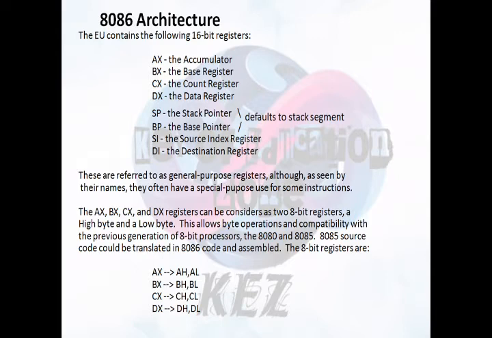These two are very basic. Default stack segment is known. Then SI source index register, DI destination index register. This all you can get. Already the pictorial view you can see. You can reverse back and check it once more also if you want.